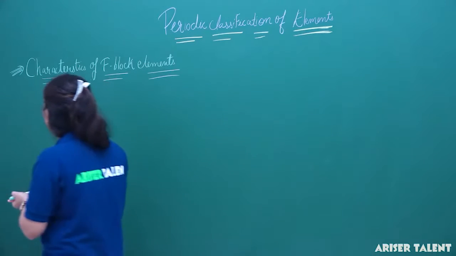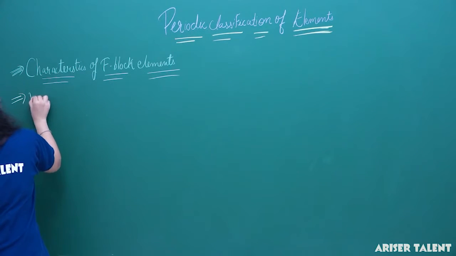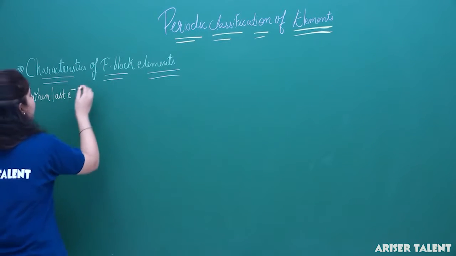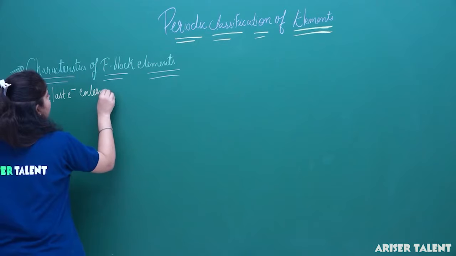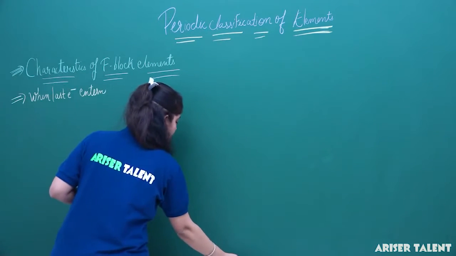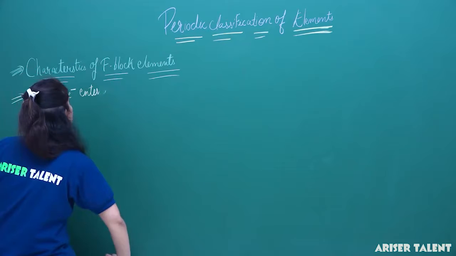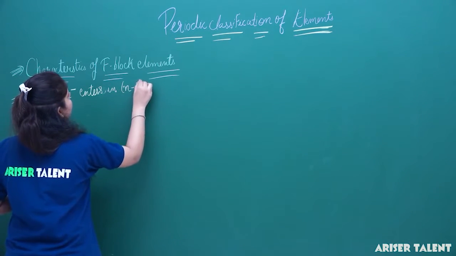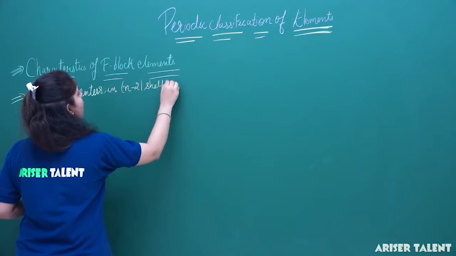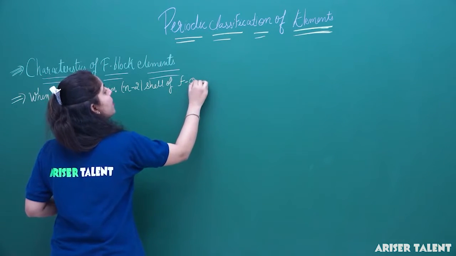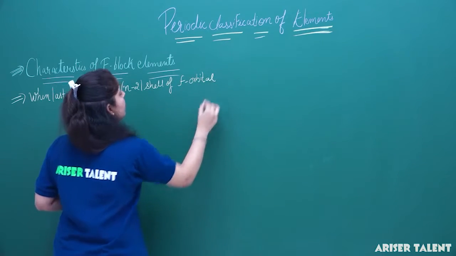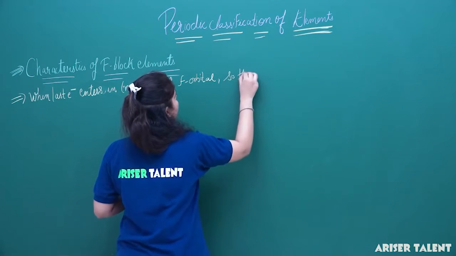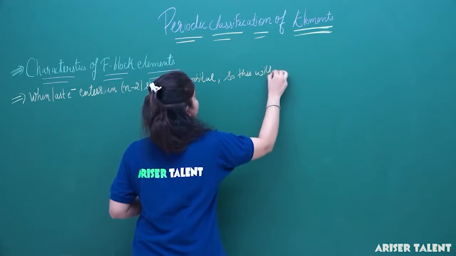So, what will happen in this case? When the last electron enters the n-2 shell of F orbital, we can say that this is an element of the F block.